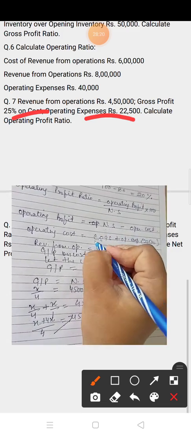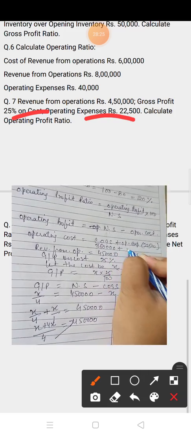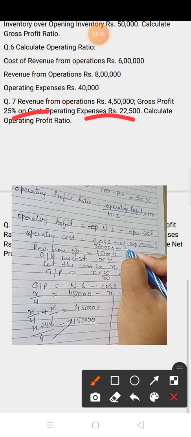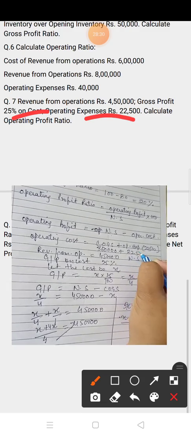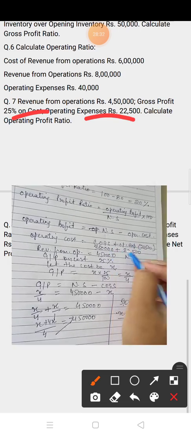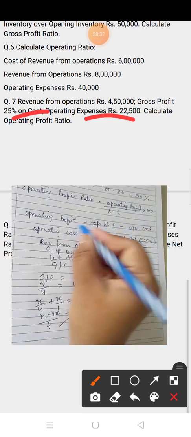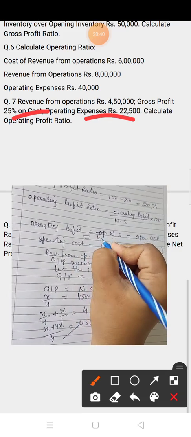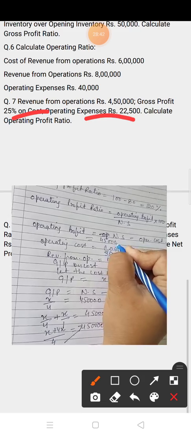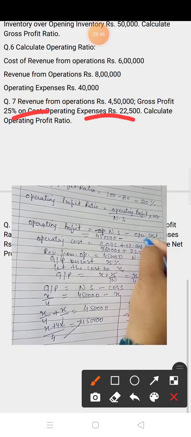Now you have the value of cost of goods sold 3,60,000 plus operating expenses 22,500. Now this you can add, and after that you have to find out the operating profit. Now operating profit is net sale 4,50,000 minus operating cost.